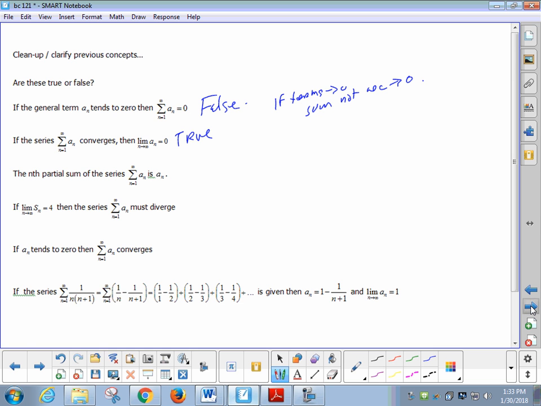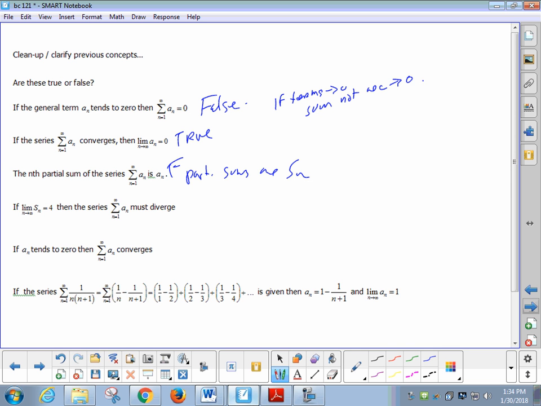What about 3? The nth partial sum of the series is a sub n. So, what notation do we use for partial sums? S sub n. Partial sum, that's false. Partial sums are S sub n. If the limit of the partial sums is 4, then the series must diverge. False. Okay.